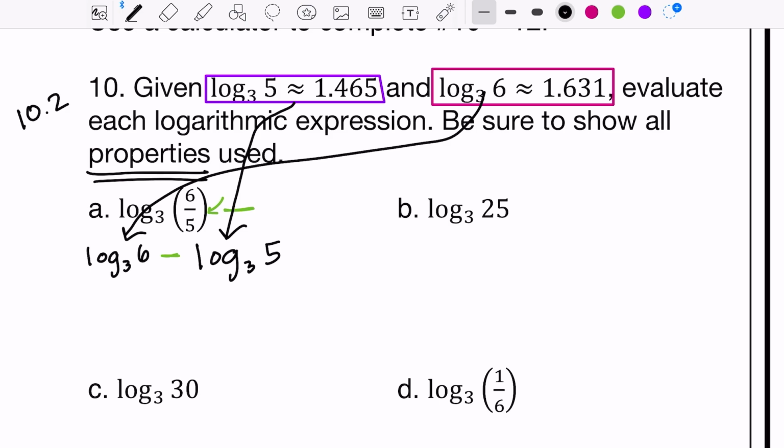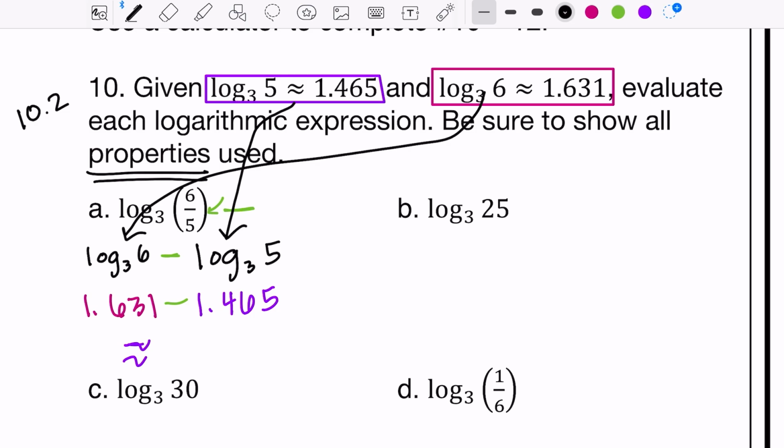So log base 3 of 6 is 1.631, and then minus the other one, which is 1.465. I don't have a calculator with me, so you're just going to have to make sure you plug that into your calculator to get the approximate answer.